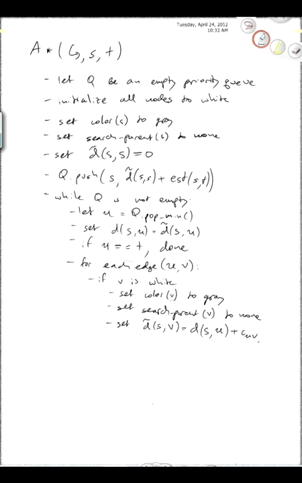So this is also exactly the same as in Dijkstra's algorithm. So again, the only difference is that when we push V onto the priority queue, we're going to push it with its distance label plus this estimate function.